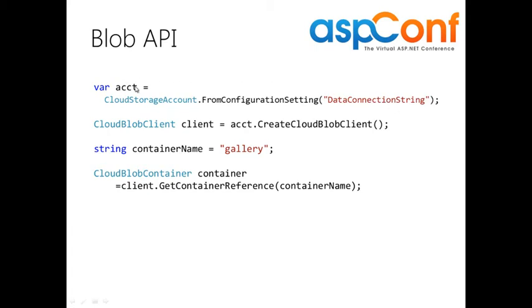It'll return an account object, and from that account object we can create something called a cloud blob client. In fact, there's a method called CreateCloudBlobClient. Once we have that client, then we can call GetContainerReference and pass in the name of a container. In this case, we've hard-coded the string gallery in here, and that'll return this container object. And that's where blobs always live, within a given container.